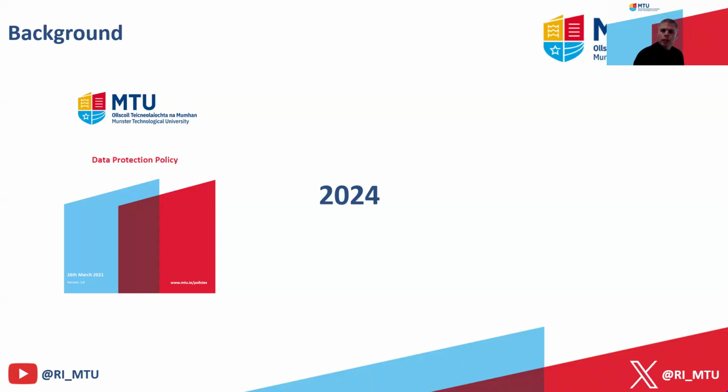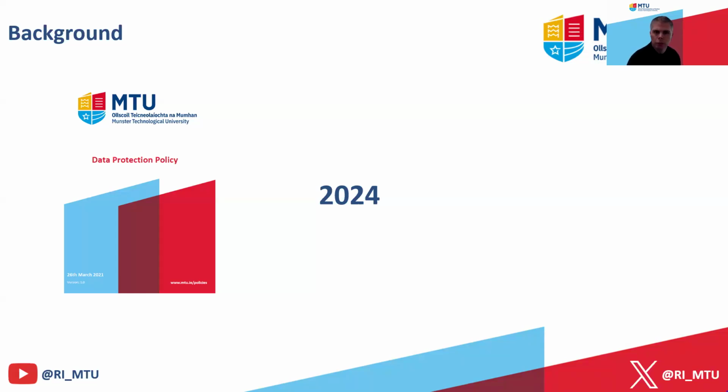And what we tried to do from the start of 2024 is, as part of the application process, encourage researchers submitting an application to the Human Research Ethics Committee to complete a data protection impact assessment screening checklist. If they ticked yes to any of the options in this checklist, we'd signpost them towards the data protection impact assessment that they would need to do as per the data protection policy we had in place in March 21.